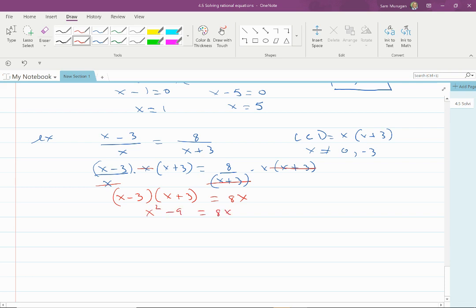8x. Then take away 8x from both sides. We have x squared minus 8x minus 9 is equal to 0.